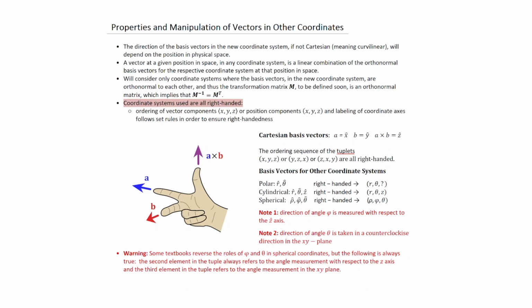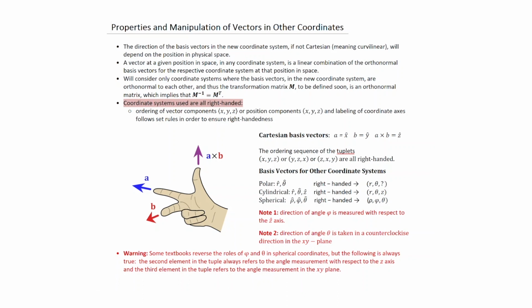A vector at a given position in space in any coordinate system is a linear combination of the orthonormal basis vectors for the respective coordinate system at that position in space. Again, we're only going to basically make use of orthonormal basis vectors in this course.